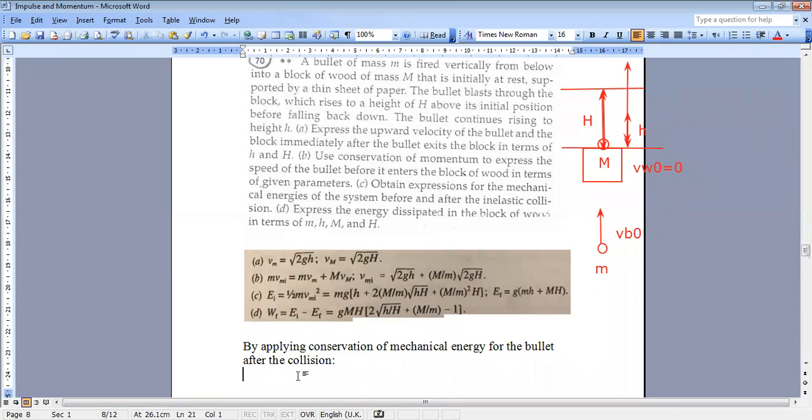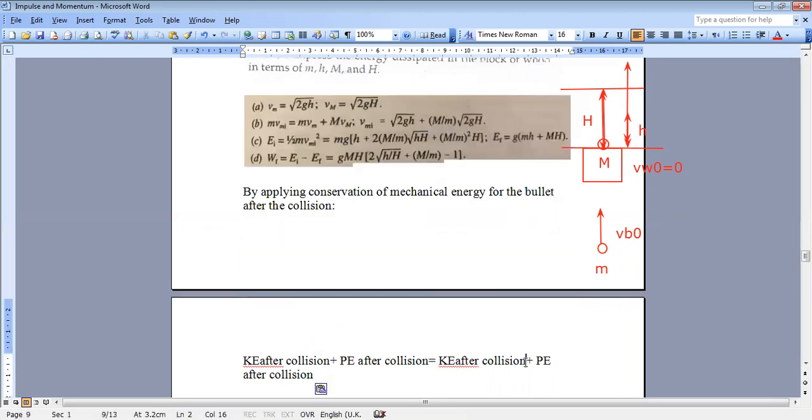kinetic energy after collision plus potential energy after collision equals kinetic energy at the maximum height plus potential energy at the maximum height. Now I take the reference here, which is the position just after the collision. The potential energy after the collision is equal to what?